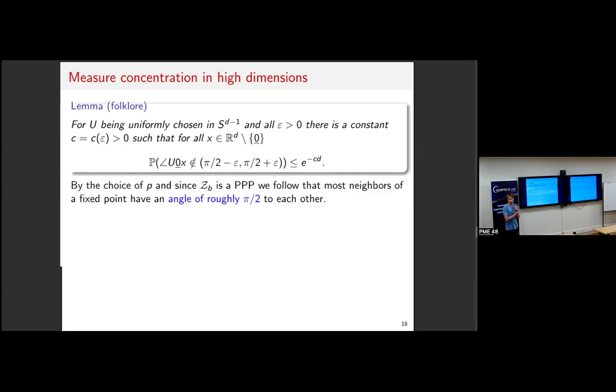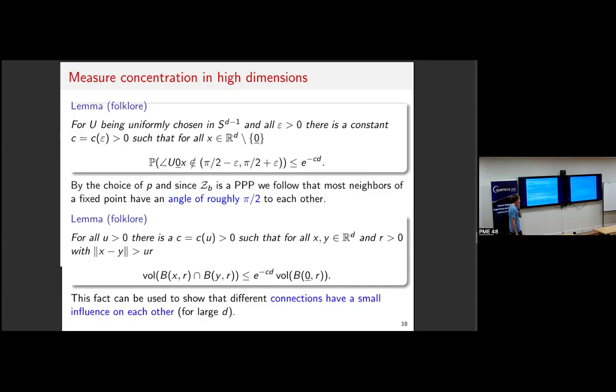And you can use this to show that, because you just have polynomially many black points in a ball of radius 2, most black points will have an angle of roughly 90 degrees to one another. And this is very important because this also has a corollary, namely the following.